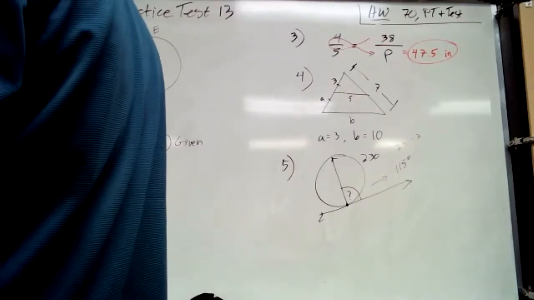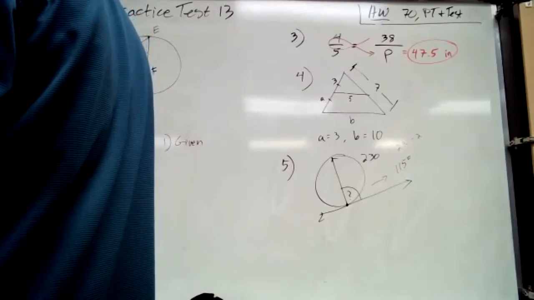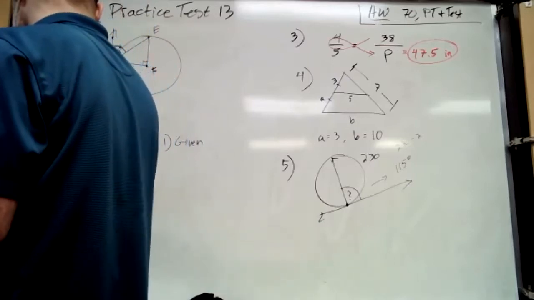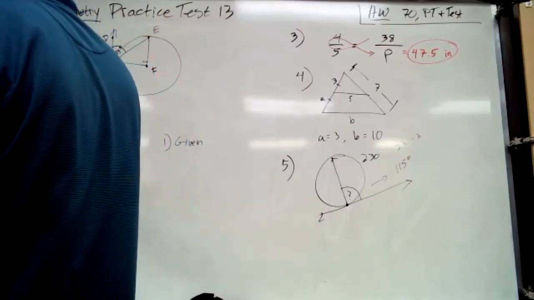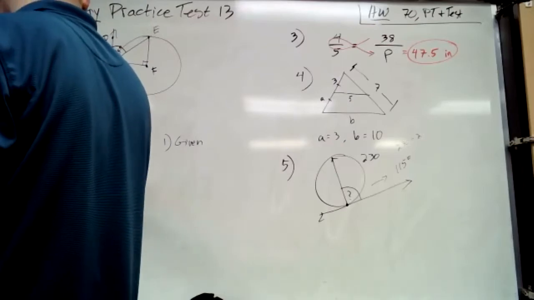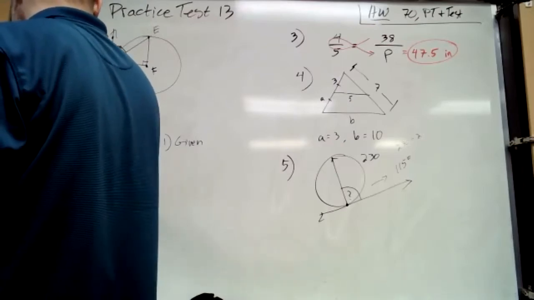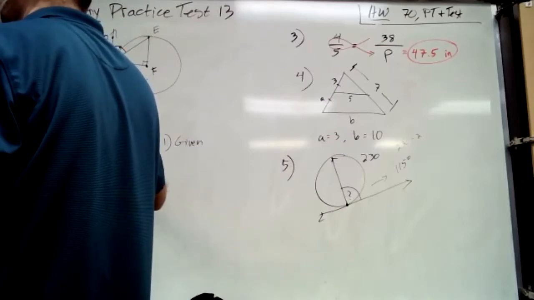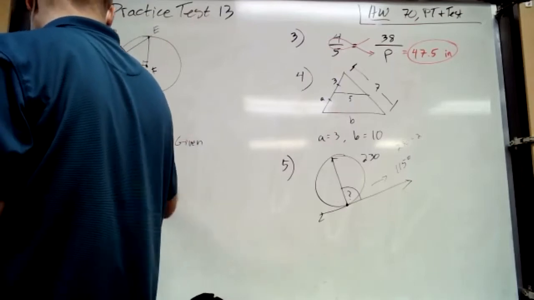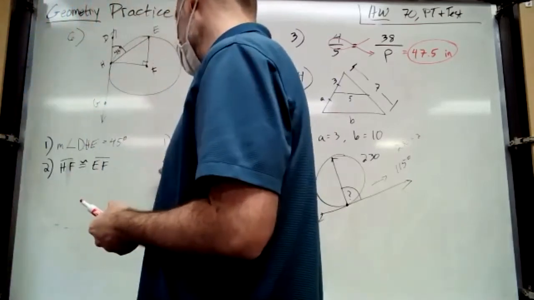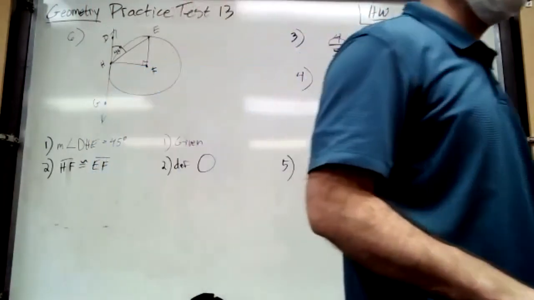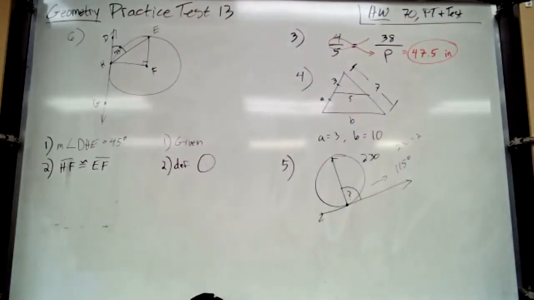We do know that HF is congruent to EF. Why? Because all radii are the same. That's basically the definition of a circle. So whenever you say the radii are the same, that's the definition of a circle.